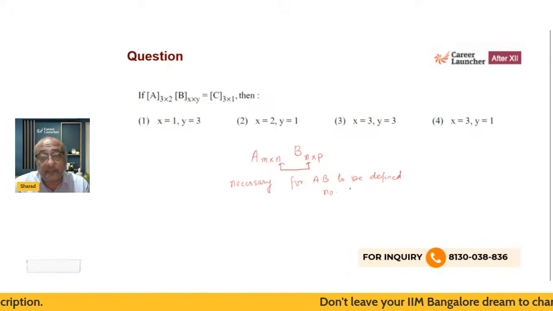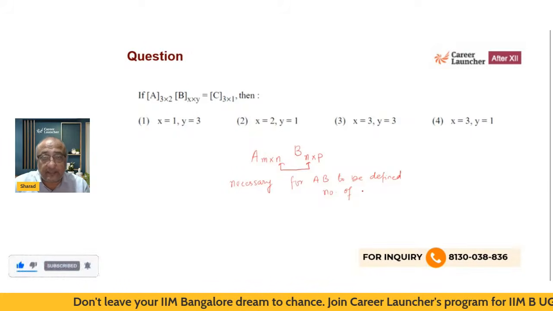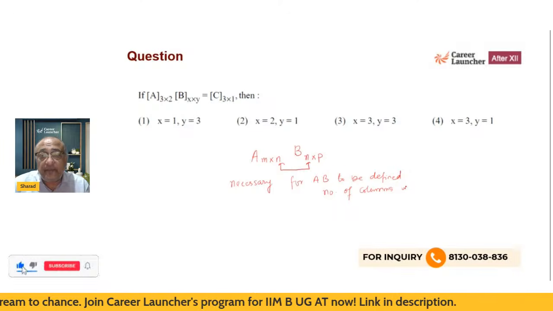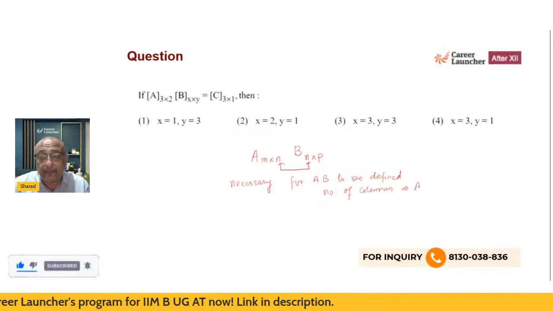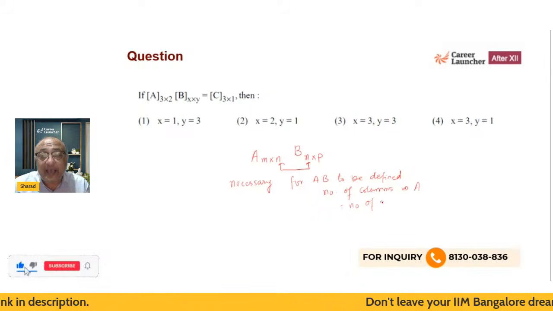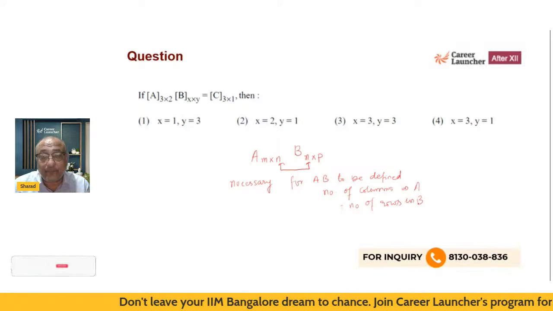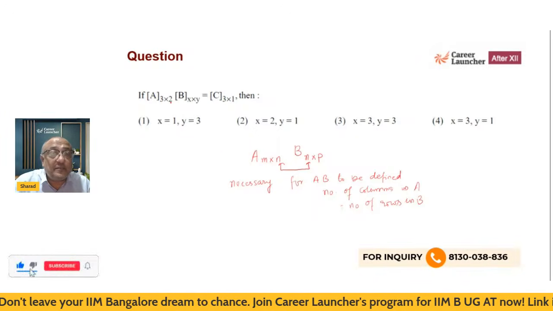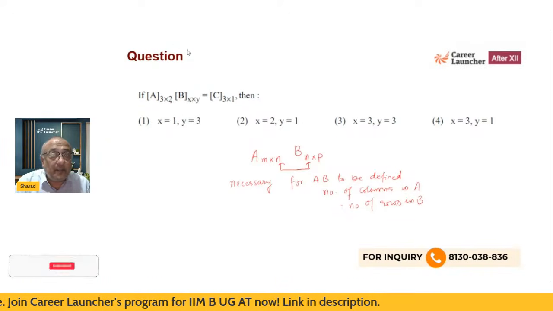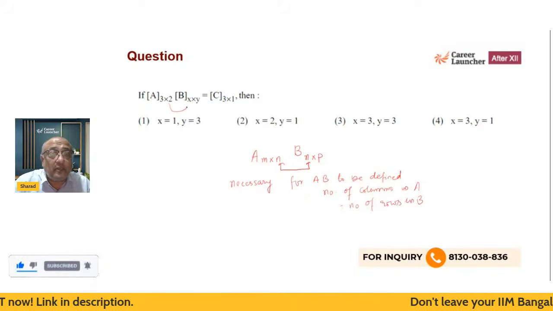The number of columns in the prefactor matrix, where the prefactor is the one which is written first, must be equal to the number of rows in the postfactor. As I'm writing this theory, you can surely answer the question which is in front of you. The number of columns in the prefactor matrix is equal to the number of rows.